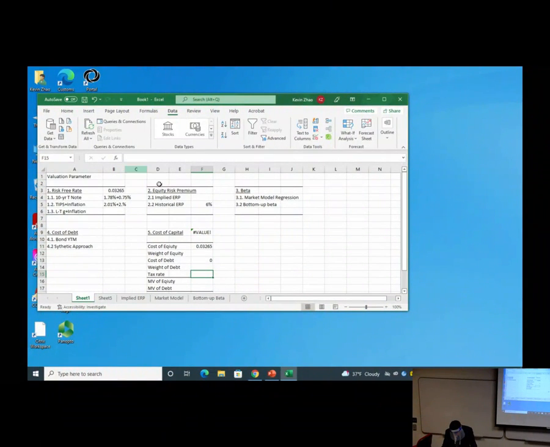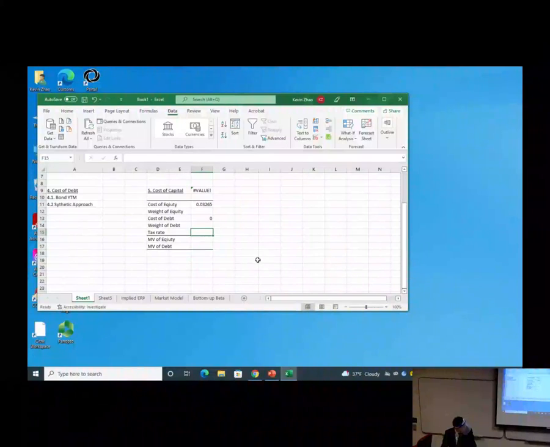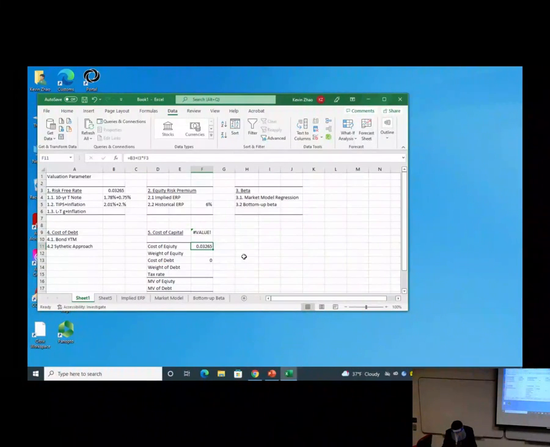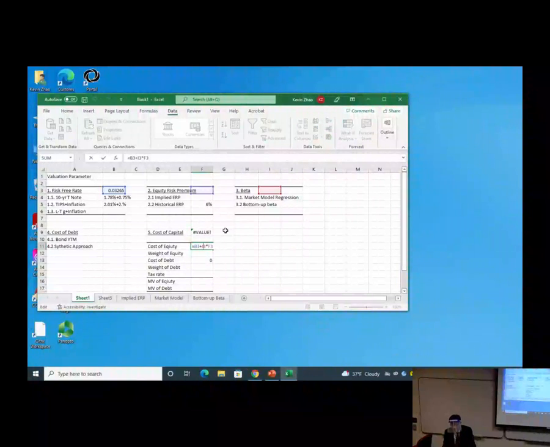And then after that, you look at the market value of the equity and the market value of the debt, to calculate the weight of equity and the weight of debt. Let's say this cost of equity is from here: risk-free rate plus beta times ERP.